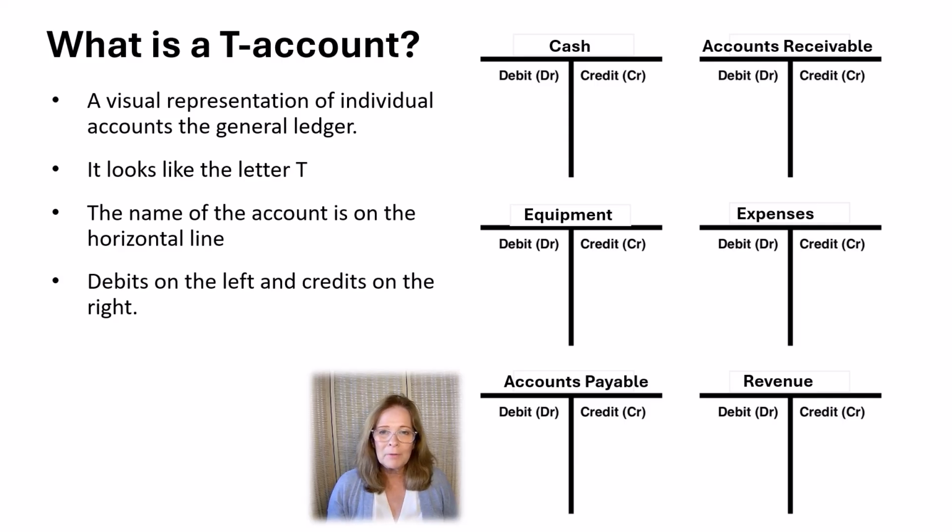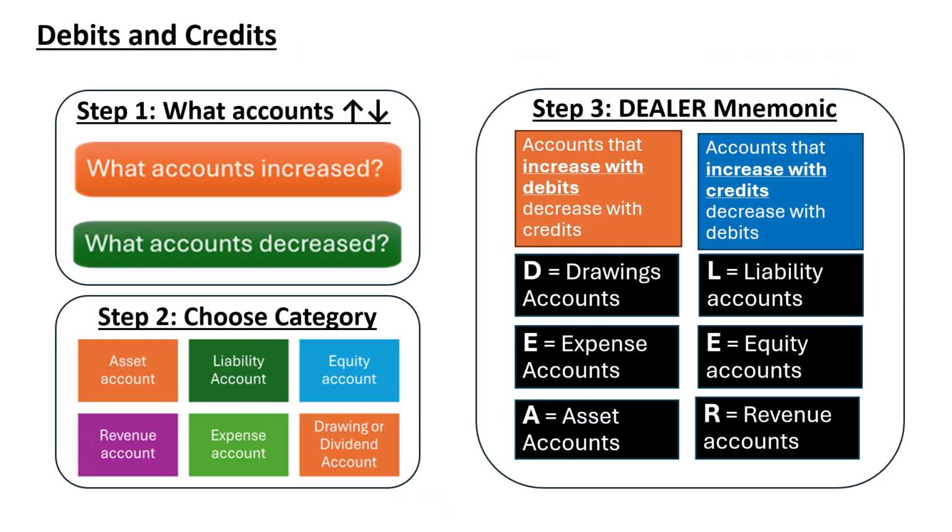Just remember that every transaction needs at least 2 parts, at least 1 debit and 1 credit, and that the total debits must equal the total credits. As you learn about debits and credits, it's important to follow a systematic approach to identify which accounts increased or decreased and what account to debit or credit.